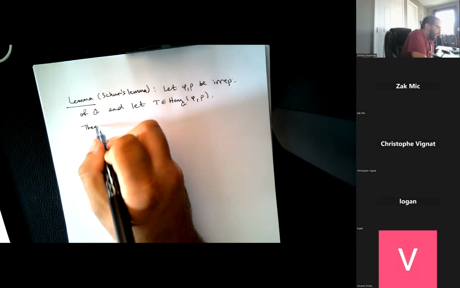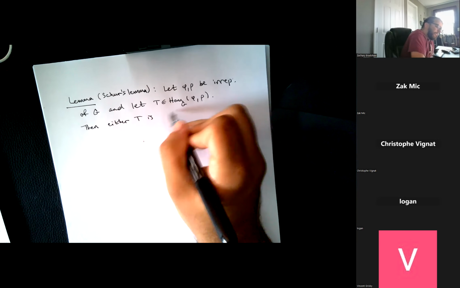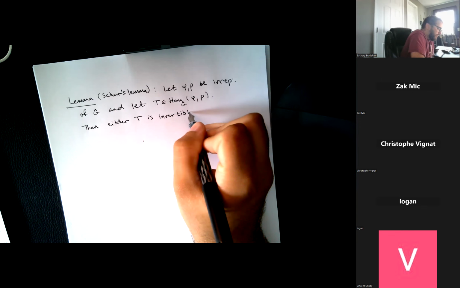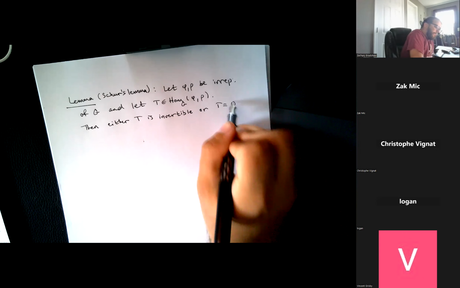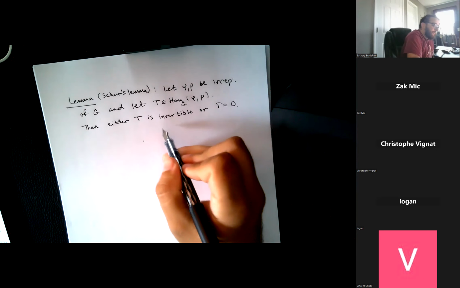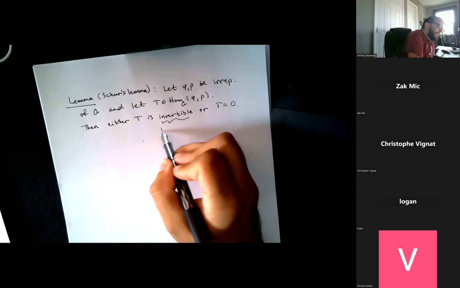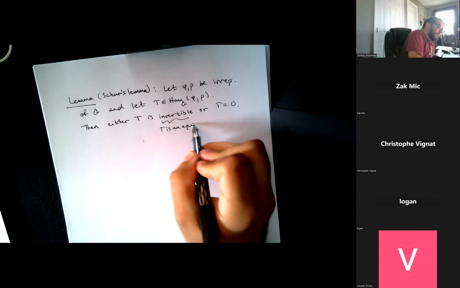Then Schur's lemma says that either T is invertible or T is 0. And if T is invertible, since it's already in this Hom set, that's the same as saying that T is an equivalence of representations.